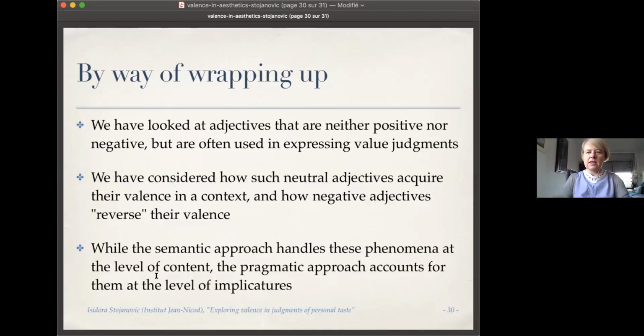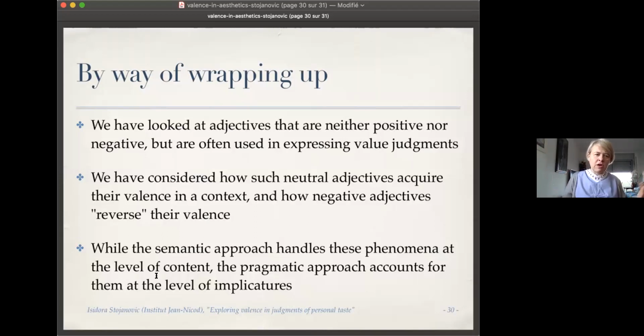So I'd like to wrap up. I realized that sketching those two approaches, the semantic and the pragmatic one, I've done that fast, but I really want you to get away with the picture of how those two approaches work.